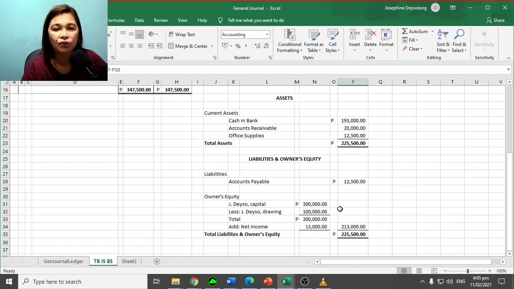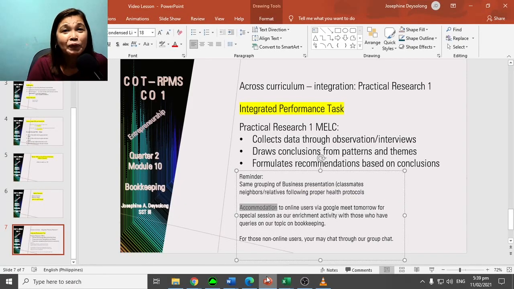Okay, so I hope you have learned something today. For your performance task, it will be an integration across curriculum with practical research subject. And this has a rubric as follows: collects data through observation and interviews, draws conclusions from patterns and themes, and formulates recommendations based on conclusion.